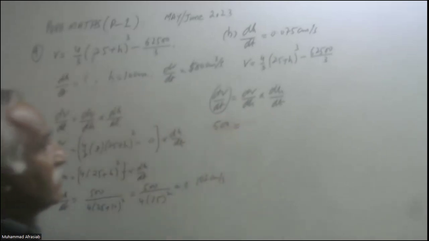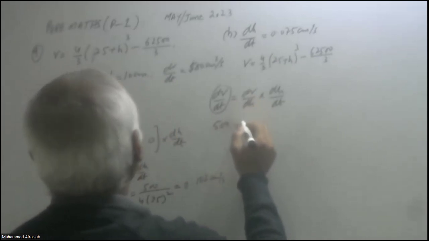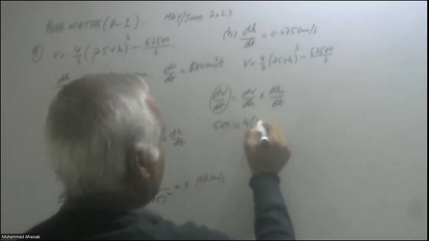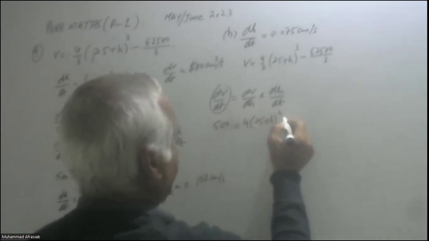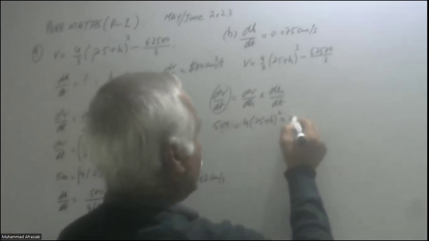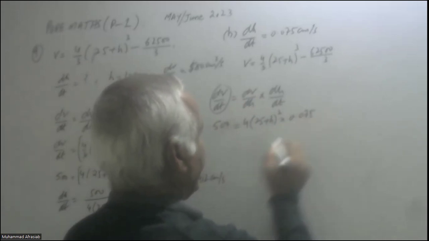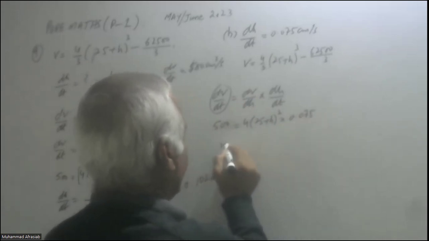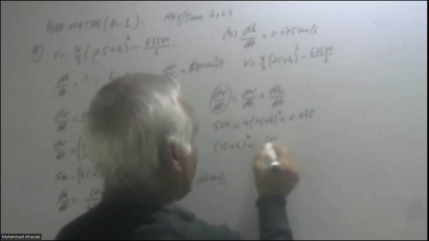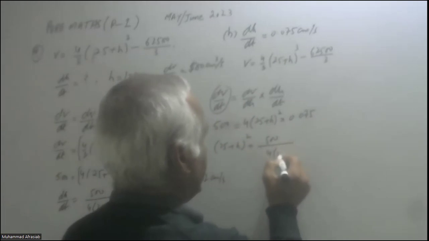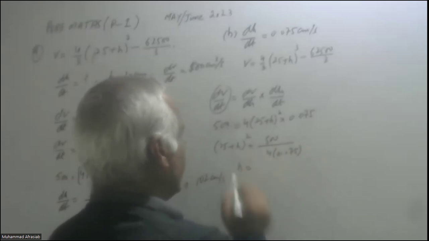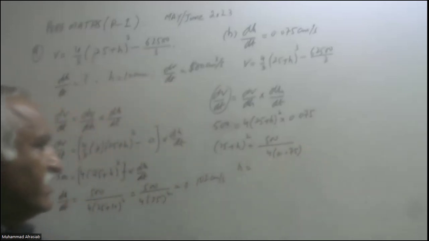That thing is equal to dV by dh, which is 4 into (25 plus h) whole square into dh by dt. Now it is given equal to 0.075. So (25 plus h) whole square is equal to 500 over 4 into 0.075.